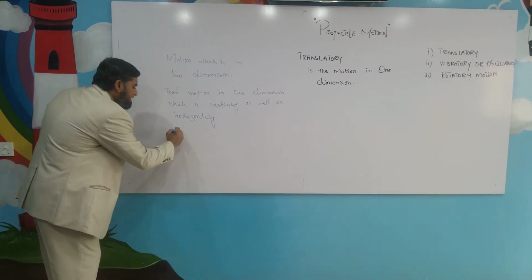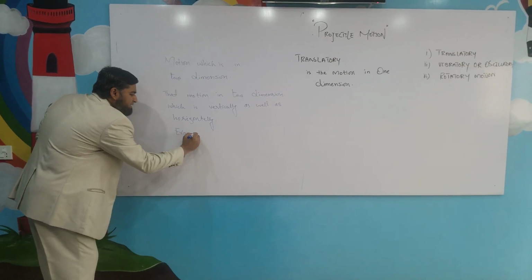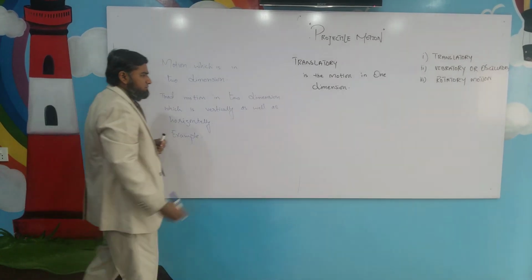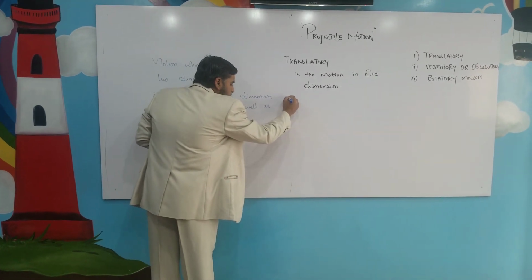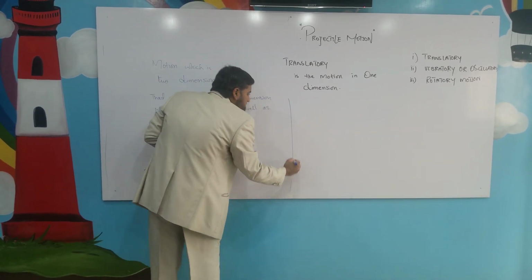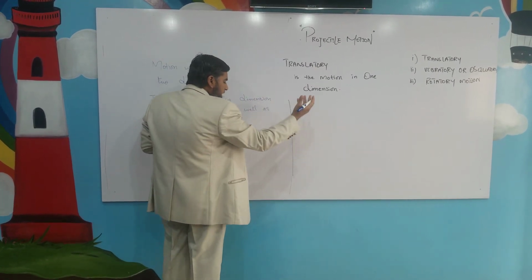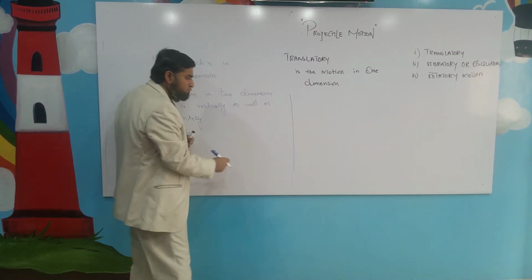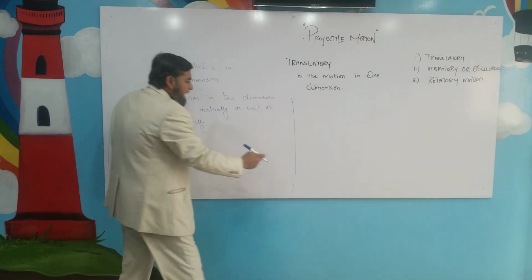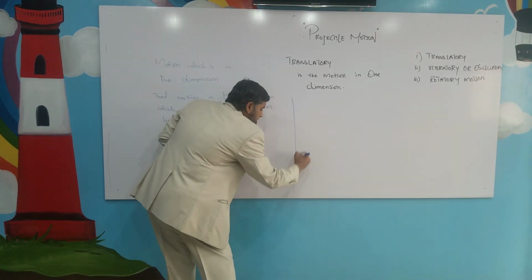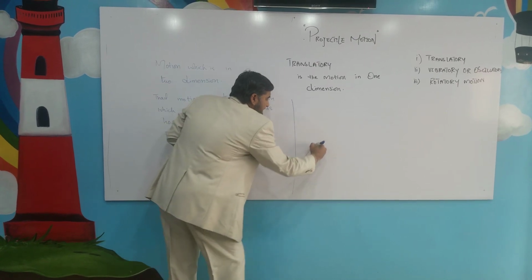A clear example: let's suppose I have a bow and an arrow, or an object falls from a certain height. If I have a bow and an arrow, what will happen? It will travel just like this.